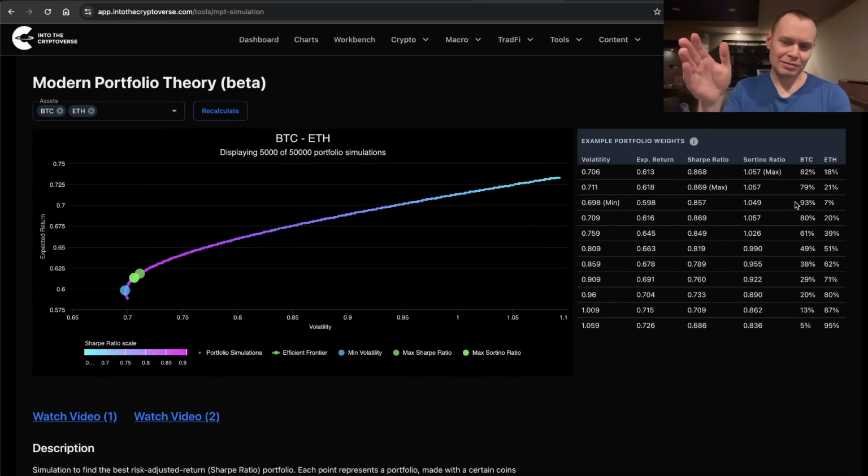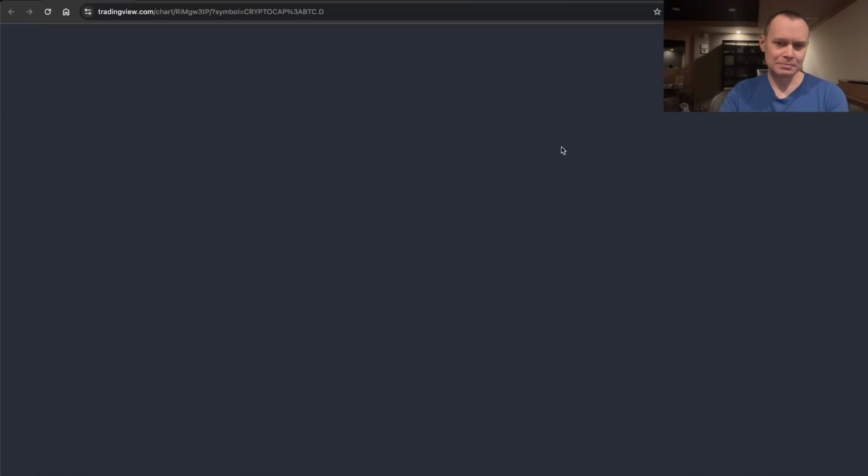Now, that might sound somewhat sacrilegious to you, to suggest that the portfolio that maximizes the Sharpe ratio is only 21% ETH. But if you're new here, you should know we just spent the last 3 years talking about things like Bitcoin dominance, right?